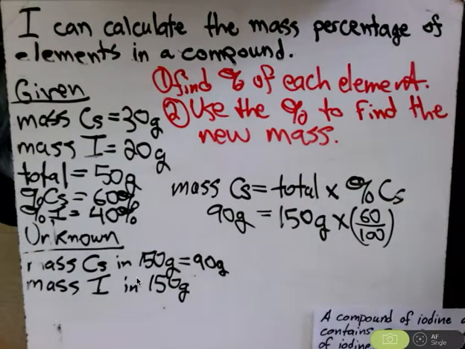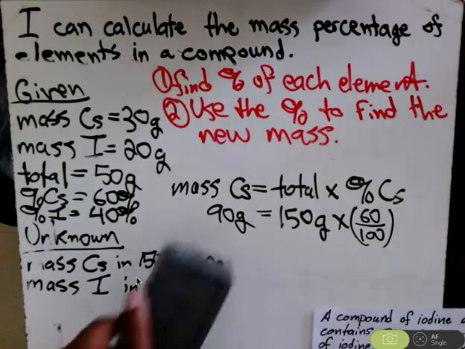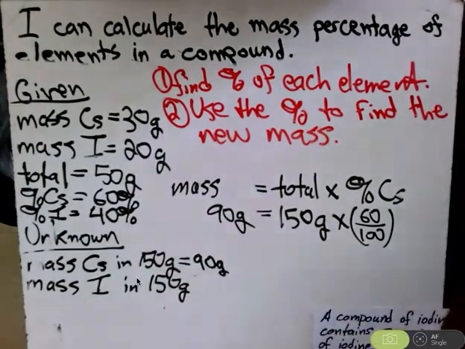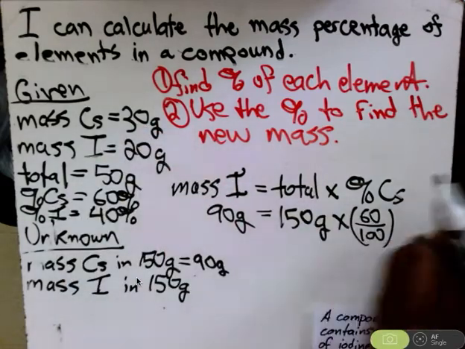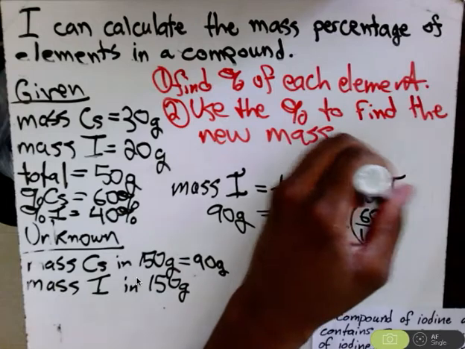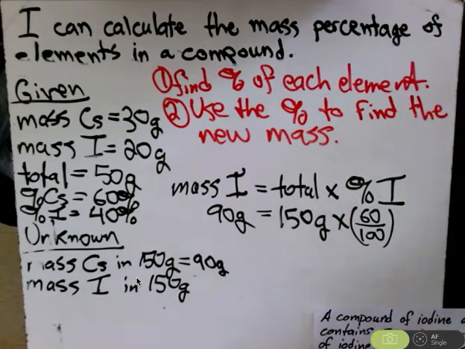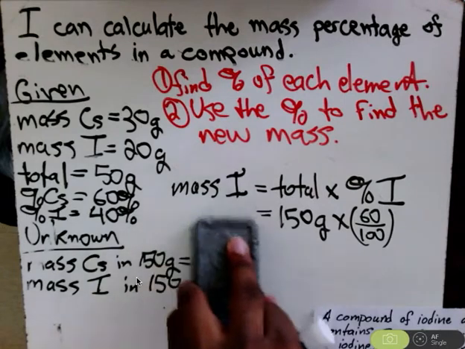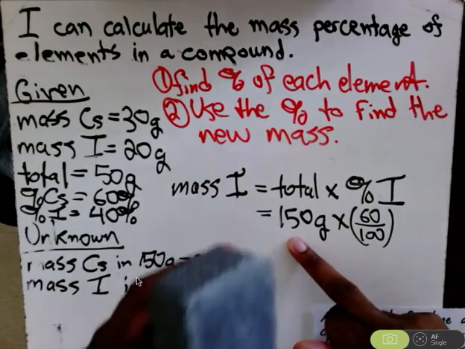Now the same principle applies if you want to find the mass of iodine if we had 150 grams instead of 50 grams. Mass of iodine is going to be the percent of iodine multiplied by the total. So our total is still 150 grams because we're asking what if we had 150 grams.